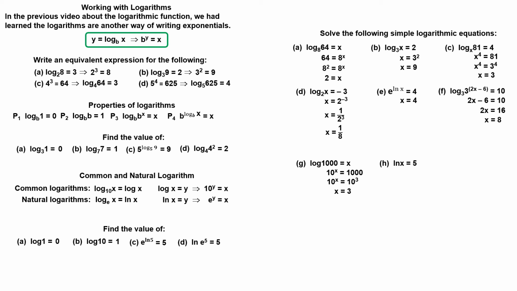Write in exponential form. Write in exponential form.